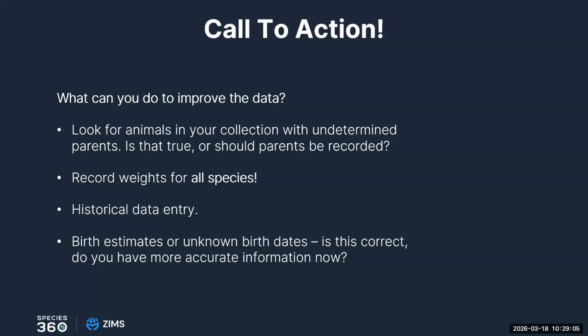Or do you know the parents and could that be recorded? We obviously don't want you to just fill in parents if you're unsure, but if your knowledge has improved or you do know who the parents are and that just hasn't been transferred to ZIMS, then please record that.